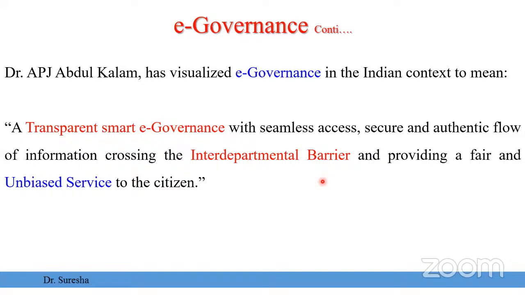Whenever a common man goes to the revenue department, as a simple example, and files a complaint, those people say it's not concerned to my department, you go to some other department. That should not be the case. The office people have to approach the other department and solve the problems. Why should he have to go to different departments? This is the advantage of e-governance.